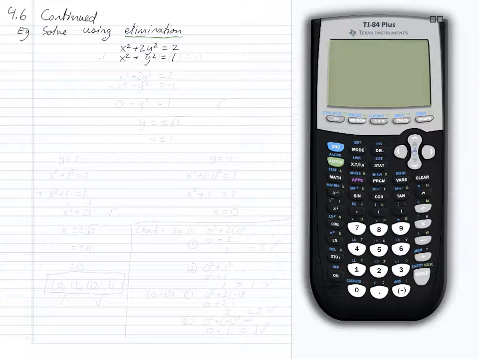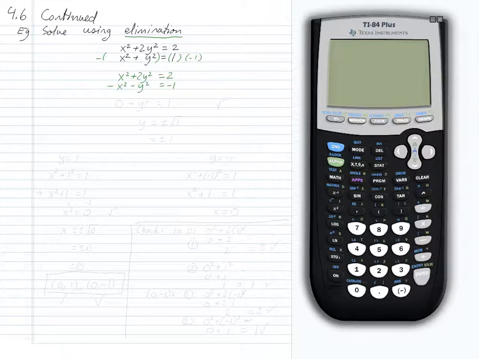So we can stack those, as we have here, and get our coefficients in one of those variables to match, but have opposite signs. So we could begin by multiplying the bottom equation by negative 1, which would leave us with x squared plus 2y squared equals 2, and negative x squared minus y squared equals negative 1.